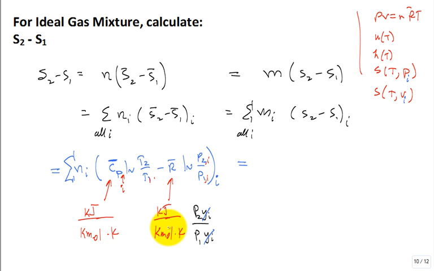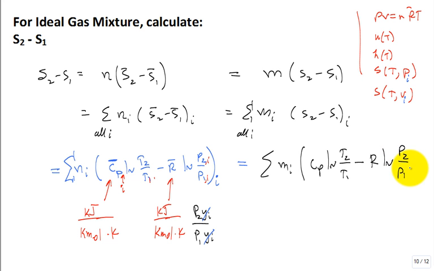You could rewrite it on a mass basis: the sum over all the mass of each component times C sub P natural log T2 over T1, minus R natural log P2 over P1, each for those components i. What are the units of C sub P? Kilojoules per kilogram Kelvin. What are the units of R? Kilojoules per kilogram Kelvin.